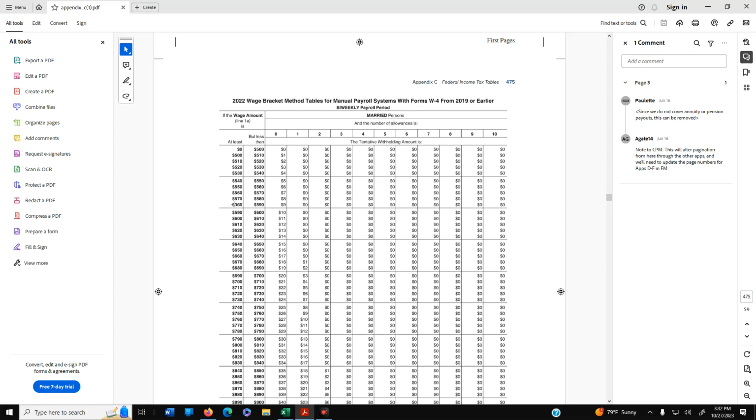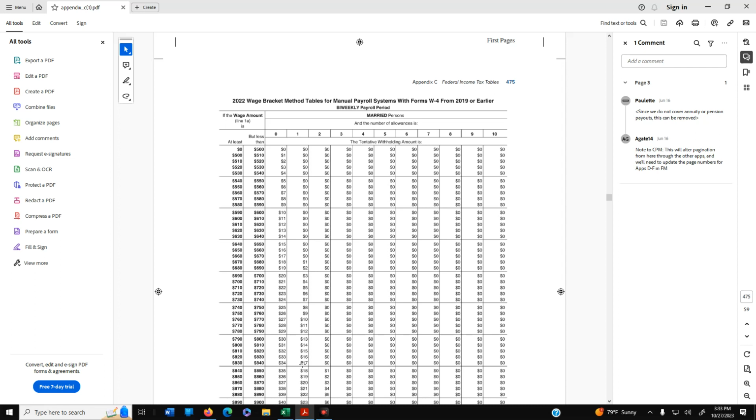And you would go to the taxable amount, which would be your gross wages minus anything that is pre-tax for federal tax purposes, such as your 401k contribution and your cafeteria plan contribution. Depending on whether they're married, what pay period it is, and how many allowances they're claiming, let's say somebody was making 830 and has one allowance, then we would deduct $17 for the federal income tax. So that was fairly simple, okay.